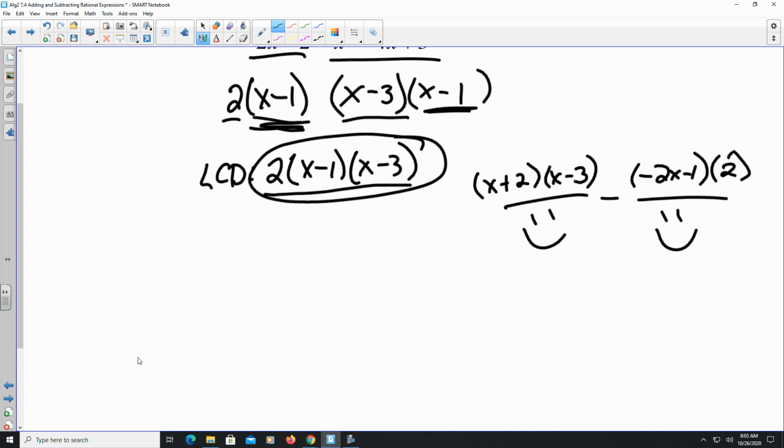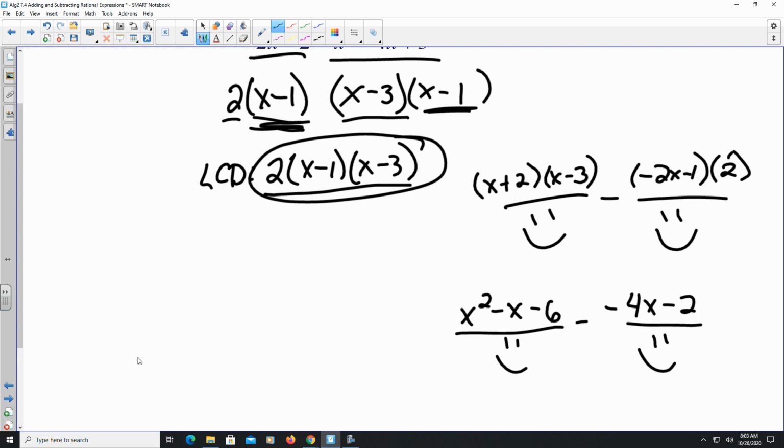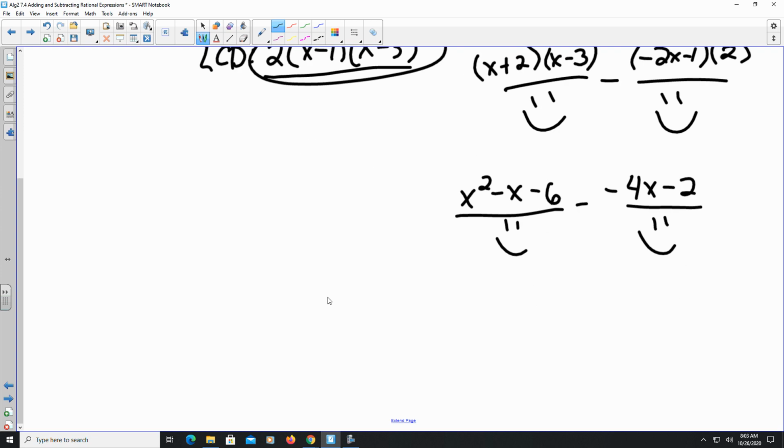So from here, I have to FOIL out the first numerator, and I have to distribute the second numerator. So when I FOIL this out, it turns into x squared minus x minus 6, all divided by the LCD, subtracted by negative 4x minus 2, all divided by the LCD. So now from here, we get to combine like terms.